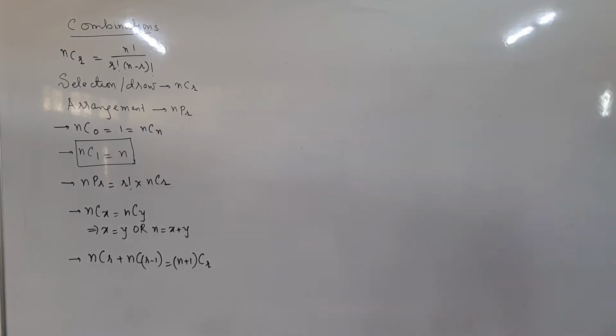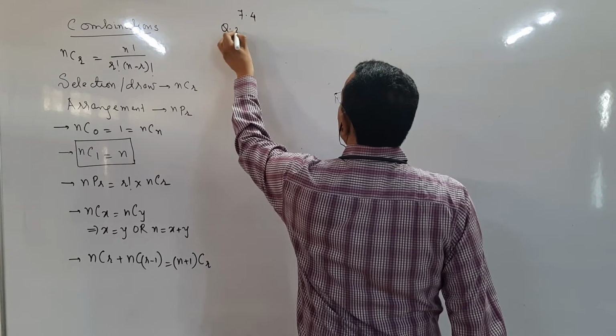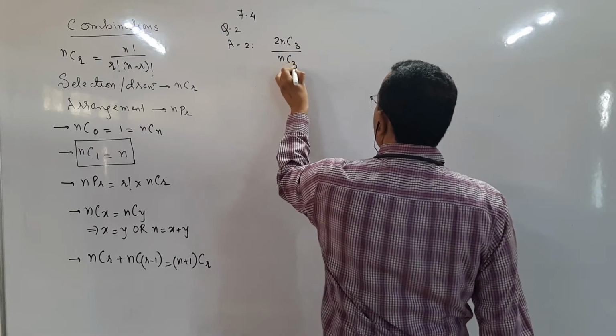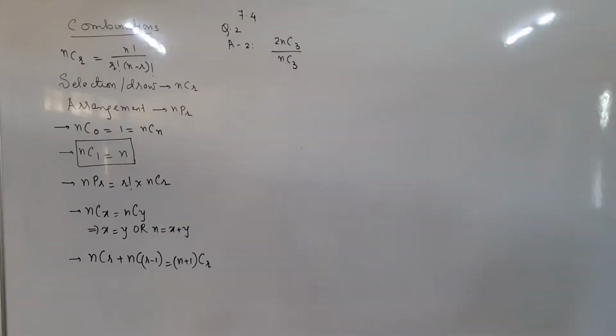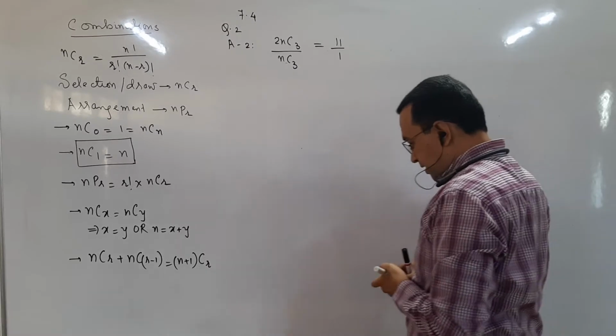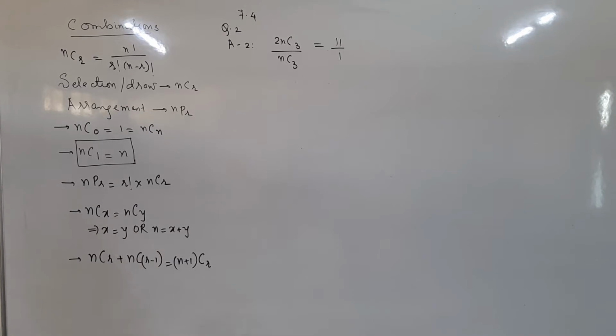Now I do the second sum of main question 2, part 2, exercise 7.4. 2nC3 is to nC3 is 11 is to 1, and we need to find n.